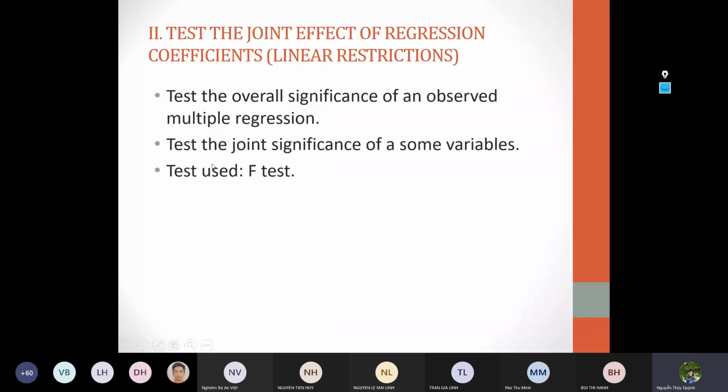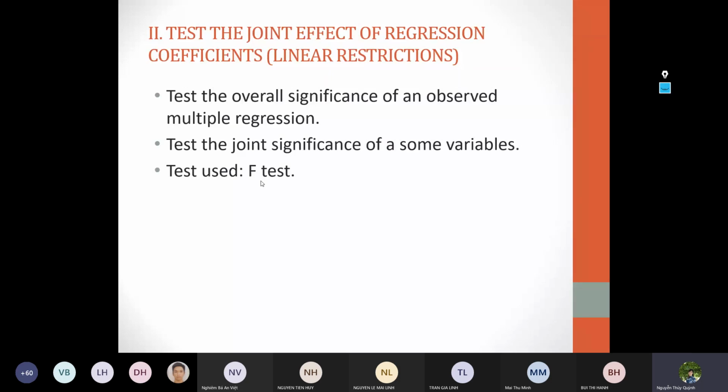Now, because here we deal with many regression coefficients in the H0 hypothesis, we cannot use the t-distribution anymore.